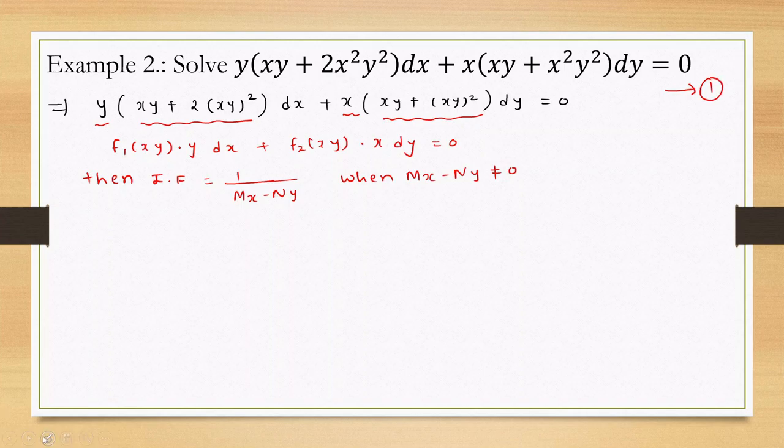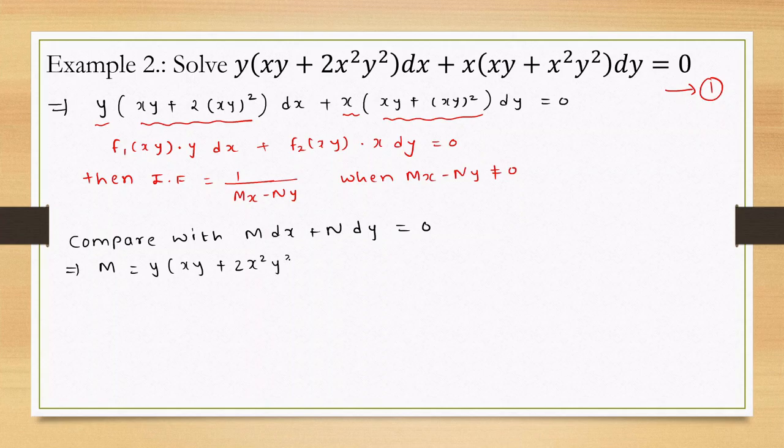So compare with M dx plus N dy is equal to 0. So M is equal to y xy plus 2x square y square and N is x xy plus x square y square.